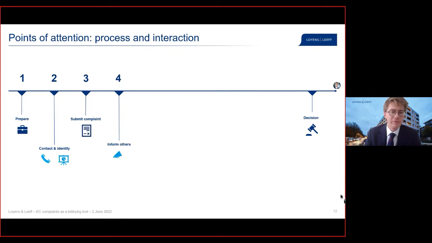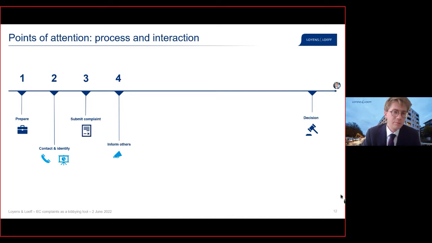Then after submission of the complaint, there is an important step, which is informing others. It is important, of course, that you inform the local authorities that you already contacted before about the fact that you have filed the complaint, but also inform others in a similar situation as you are, or even the sector federation to which you belong. That sector federation may also contact others in the same situation, and incite others to also file a complaint.